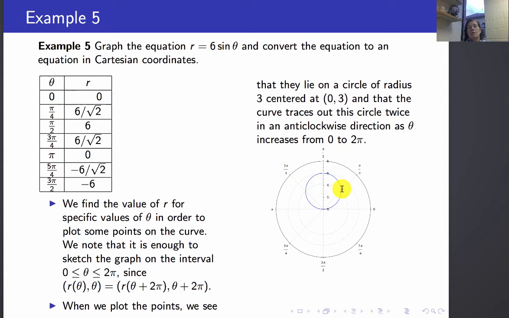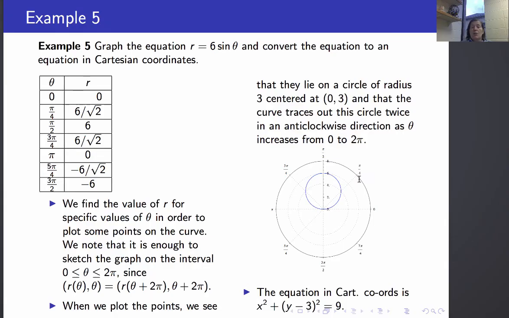So it's in the first quadrant at a distance of 6 over the square root of 2 from the origin. So once again, it's repeating one of the previous points in the graph, and as theta swings around from pi to 2 pi, we get that this circle is traced out again.